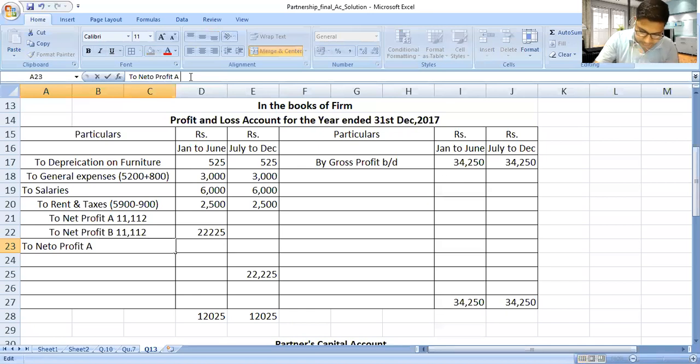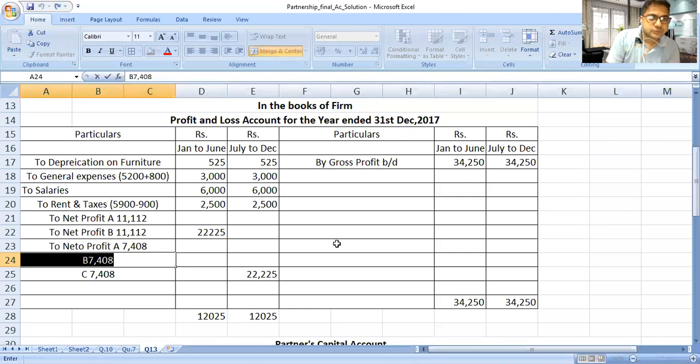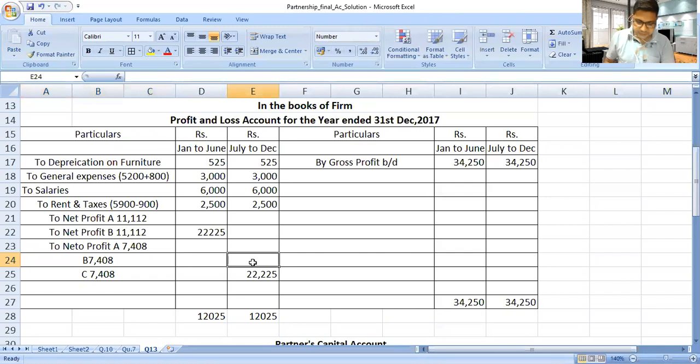A will get 7,408, B also 7,408, and C 7,408. I hope you understood these values for A and B. Okay, fine. And then after that, it is transferred to the partners' capital account.